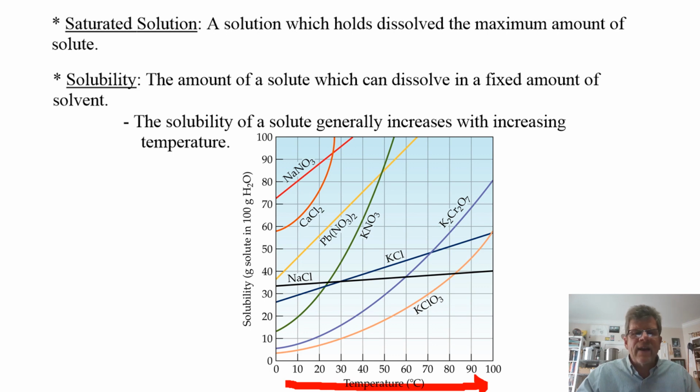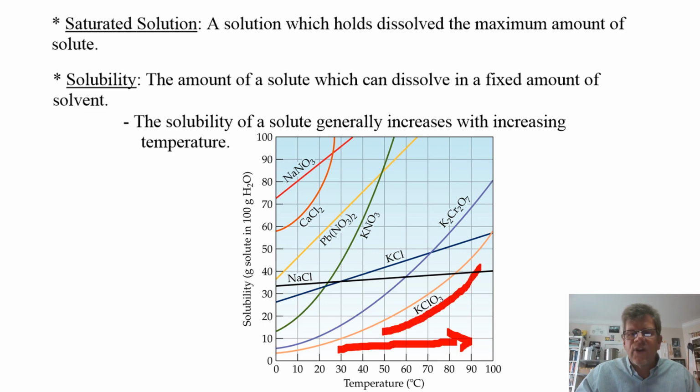On the y-axis is increasing solubility in grams per 100 grams of water. As you can see, almost without exception, indeed without exception in these cases, as we increase the temperature we get an increase in the solubility of each of these solutes in the solvent, water.